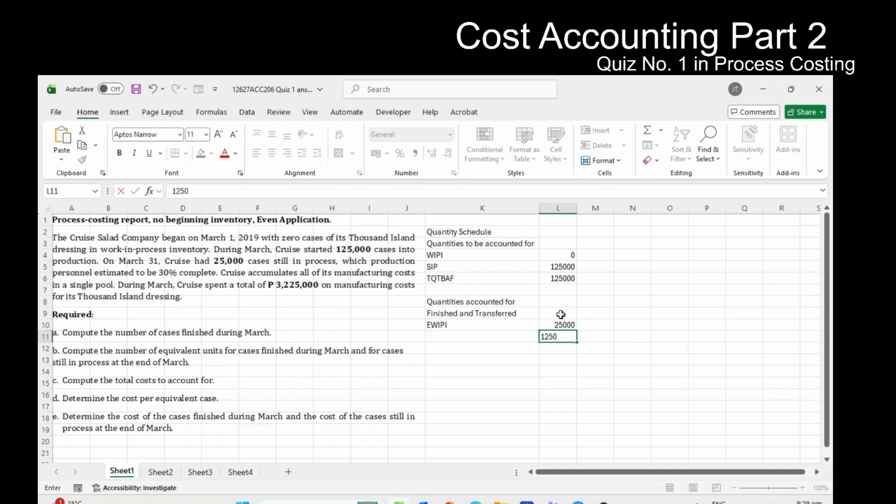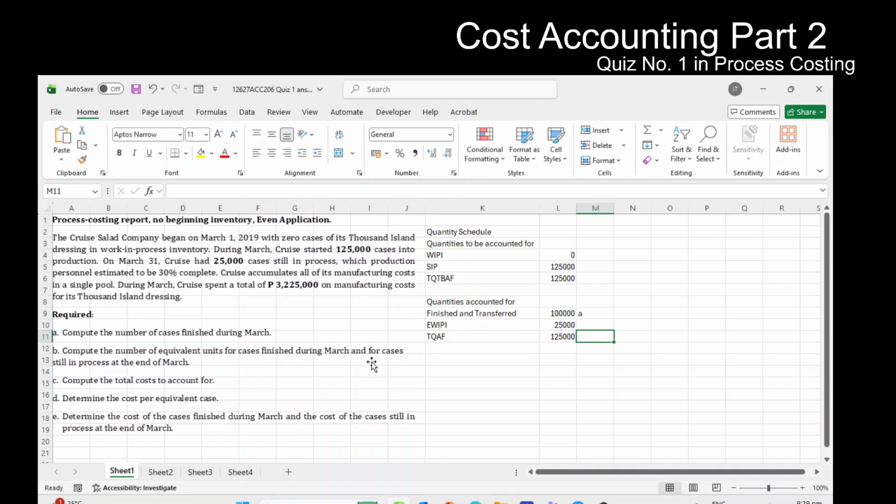So if we have 125,000 total quantities to be accounted for, then the total quantities accounted for should be 125,000 also. Then we will have 100,000 as the finished and transferred. So this is computing the number of cases during March. This is your answer for letter A.